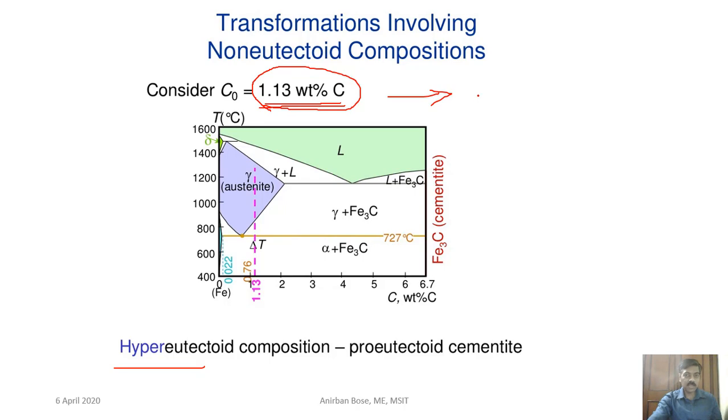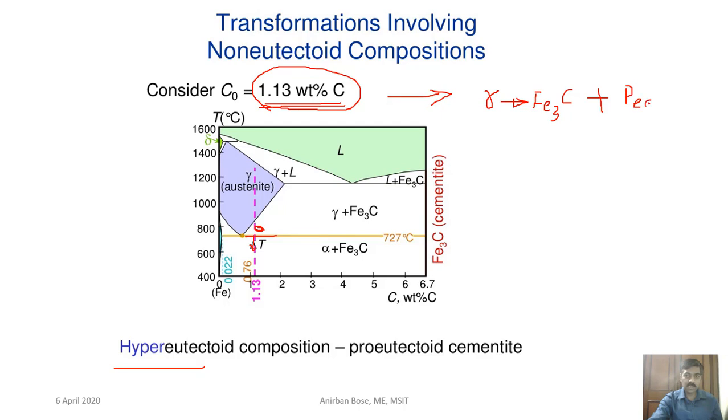In the equilibrium phase diagram we have seen the pro-eutectoid phase will be cementite, right? So before eutectoid some amount of carbide will form, and after that the remaining portion will be converted into pearlite. So the final structure in this case: austenite will be transformed into some Fe3C, which is the pro-eutectoid phase, plus pearlite.